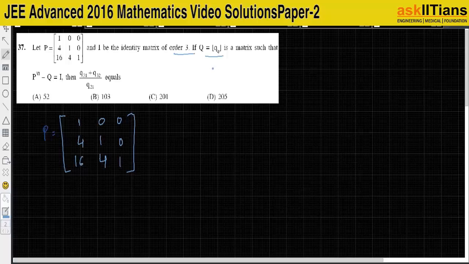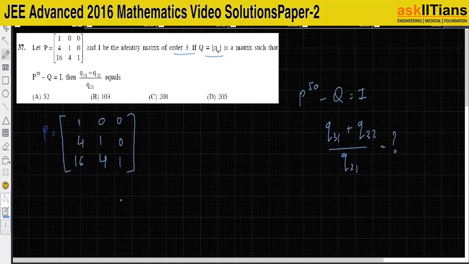Q is another matrix such that P power 50 minus Q is equal to I. So we have to find out (Q31 plus Q32) divided by Q21. This is what we have to find out in the question.